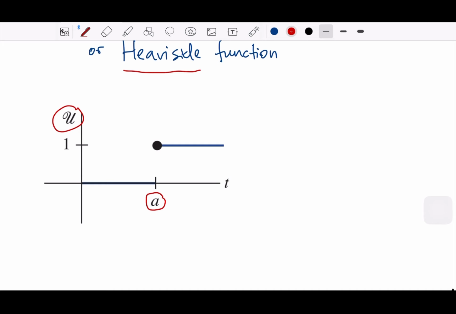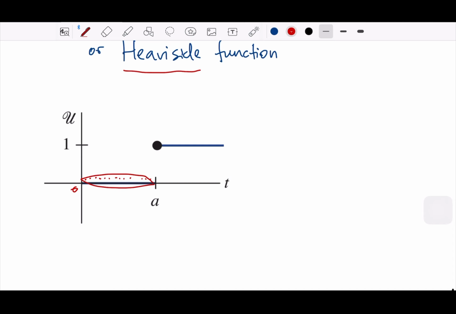Moving from the origin forward to some A, it is still 0.